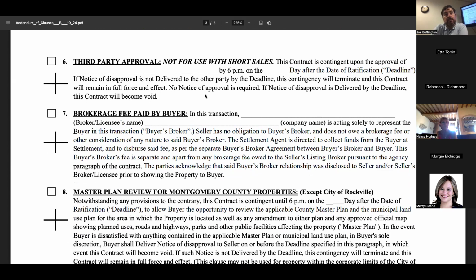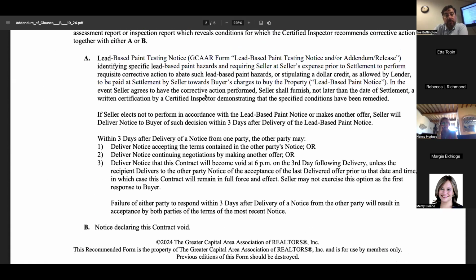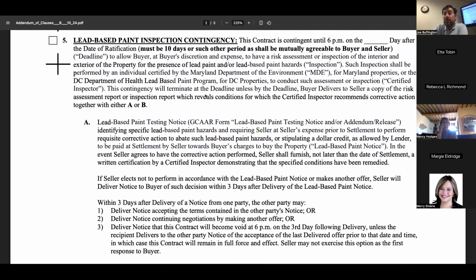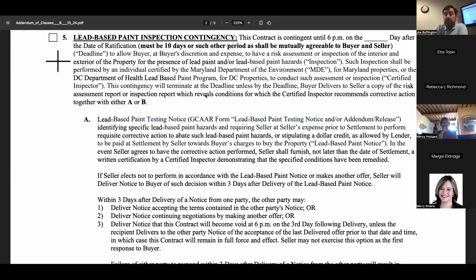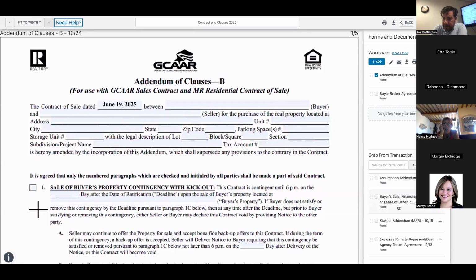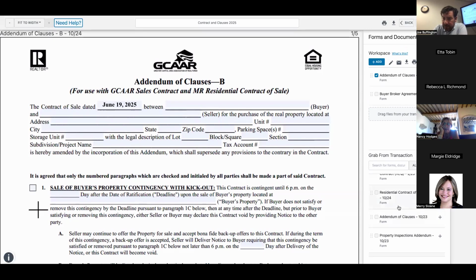MR is different, correct? MR's got that in their contract. The lead-based, I think it's a separate one. Let me take a look real quick since you mentioned that.